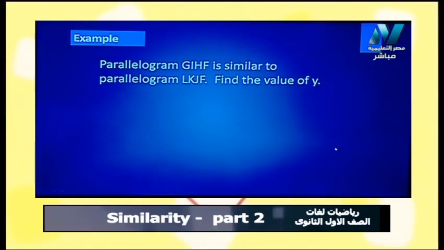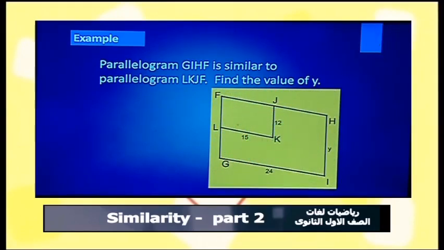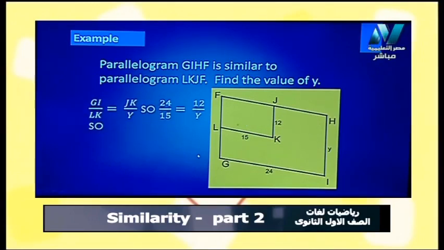We have an example here. A parallelogram GIHF is similar to a parallelogram LKJF. Find the value of y. We have the two parallelograms, the big one and the small one. GI over LK equals GK over y.